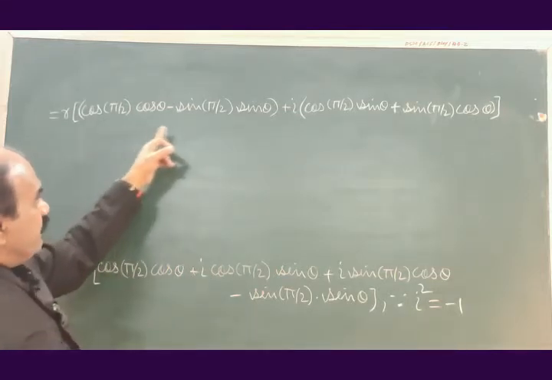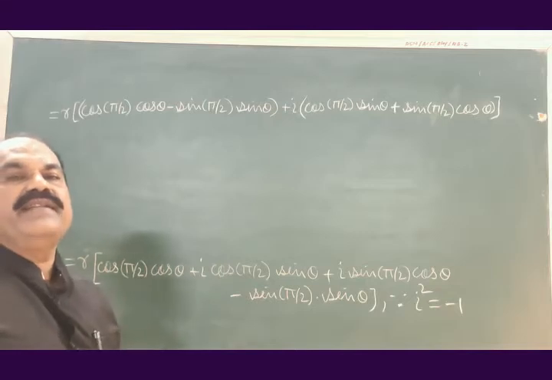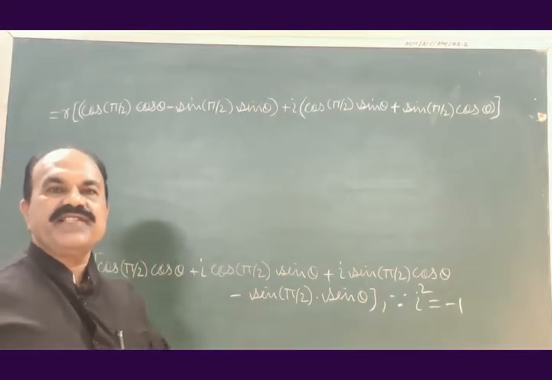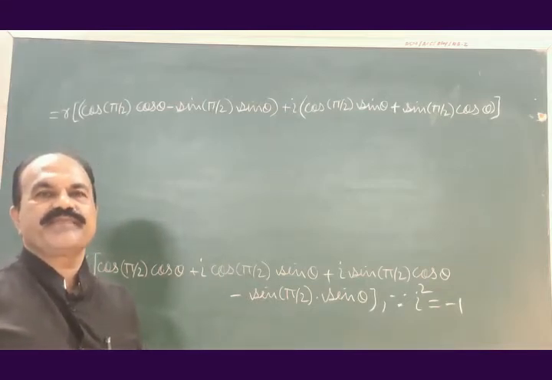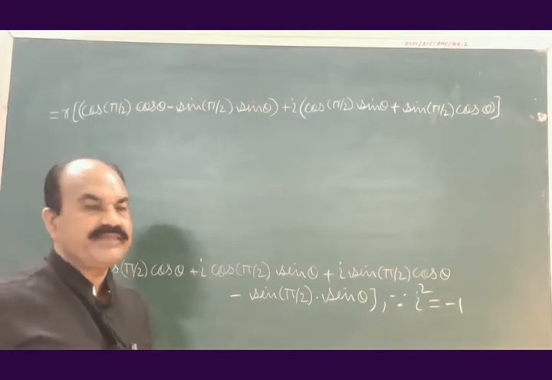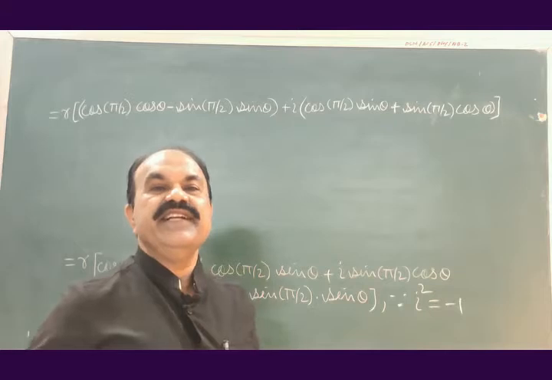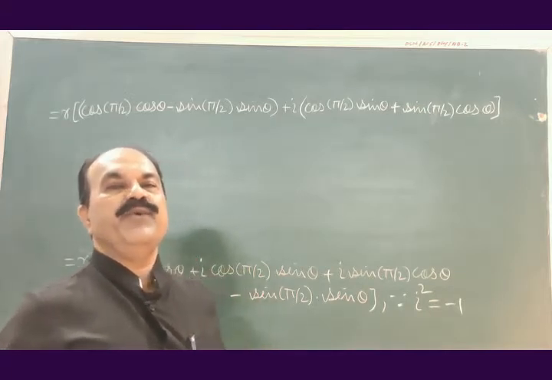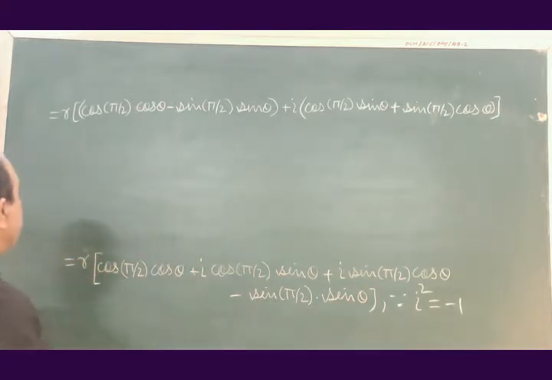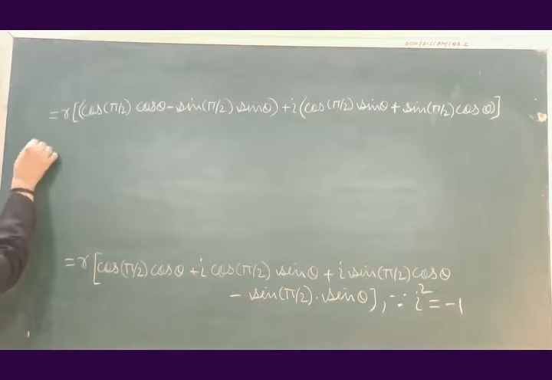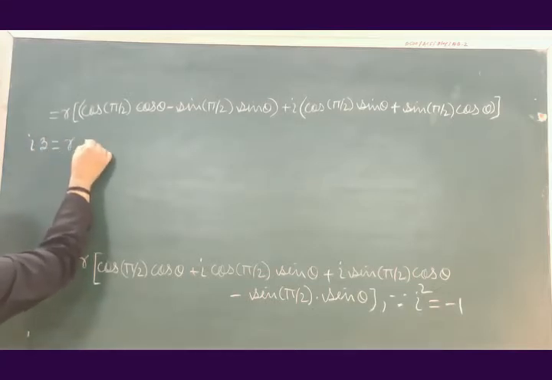What is the property in the first bracket? It is cos of pi by 2 plus theta. What is the property in the second bracket? It is sin of pi by 2 plus theta.